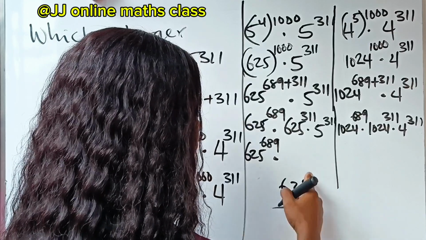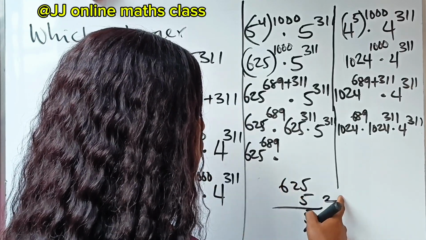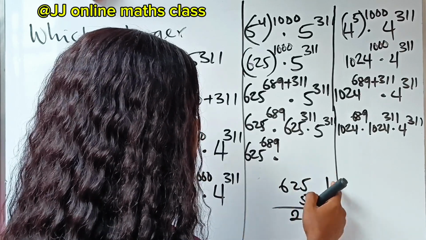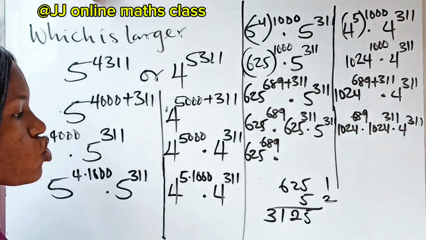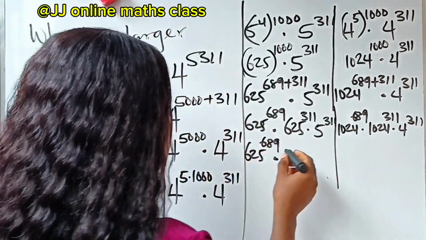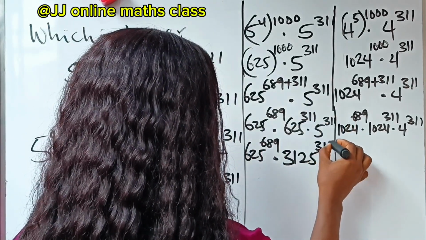625 multiplied by 5. 5 times 5 is 25. 5 times 2 is 10 plus 2 is 12. You carry 1. 5 times 6 is 30 plus 1 is 31. So we have 3125. Okay, so this is 3125 raised to the power of 311.